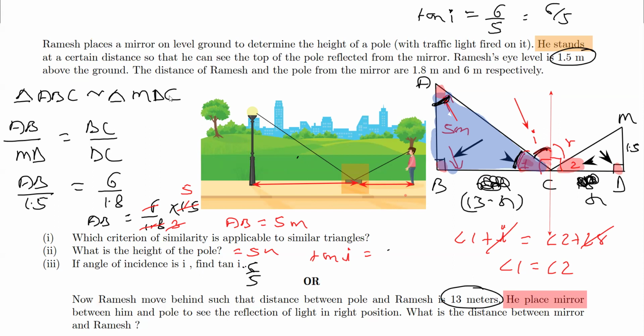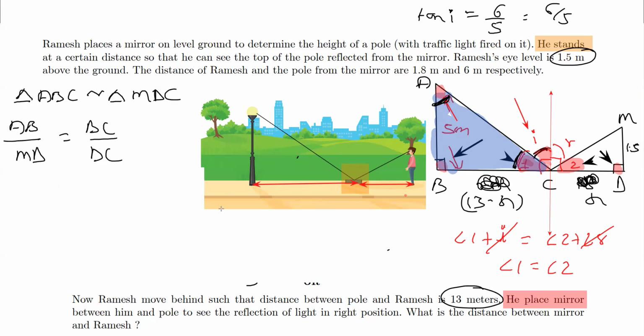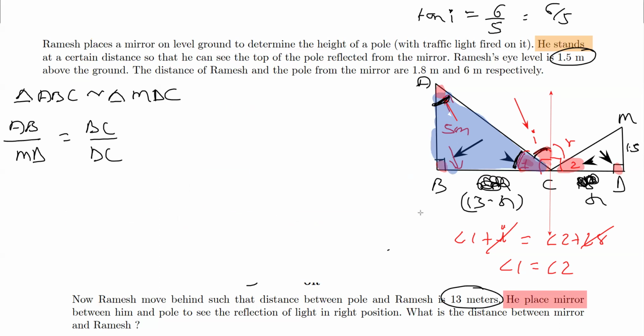Now I can make some space here first. So using the same concept of ratio, we know AB which is 5 and MD which is 1.5, BC which is according to the question 13 minus x, and DC which is x.